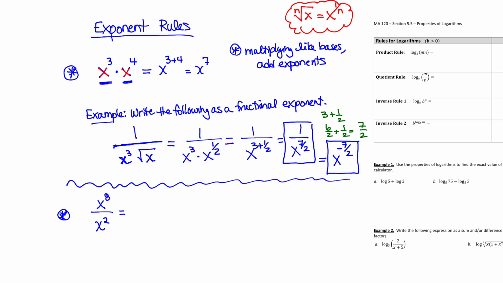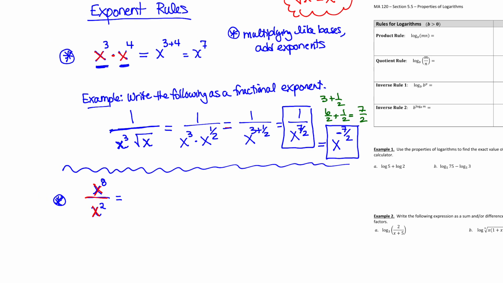What is that going to give us? Evan, do you remember how to do those? If you have x to the 8th over x squared? Yep, subtract. So what's that give you? X to the 6th. So for those, you would subtract the exponents.